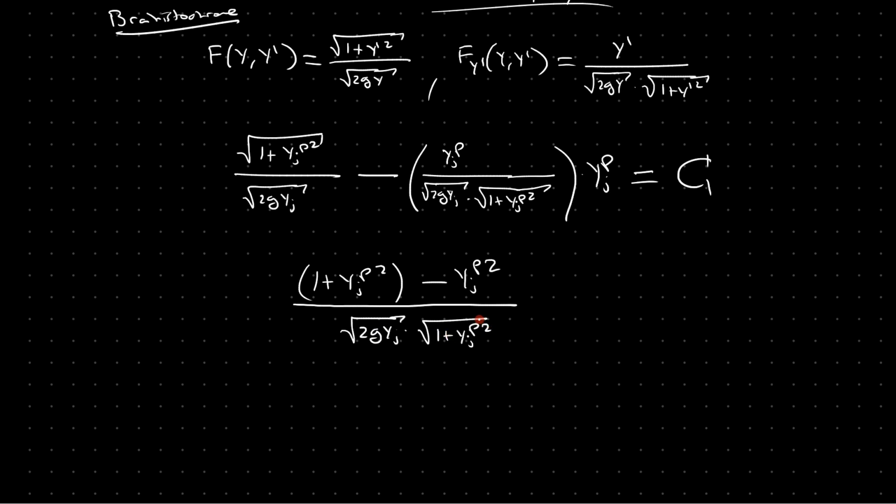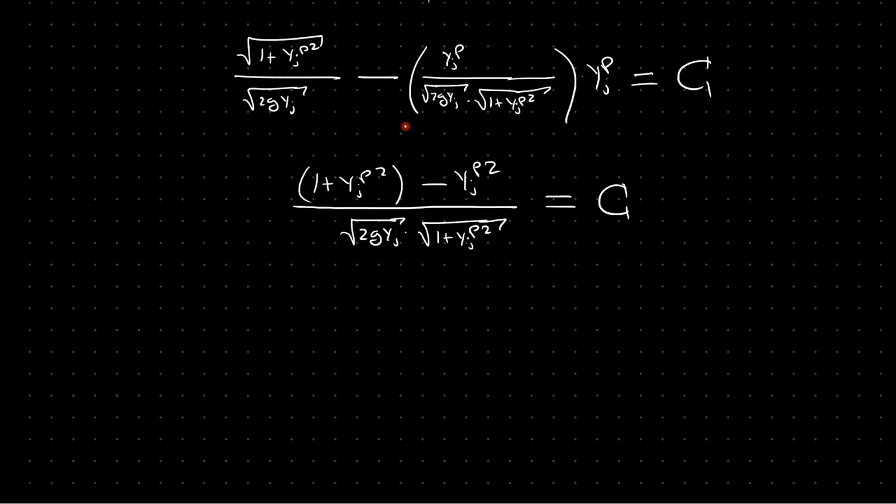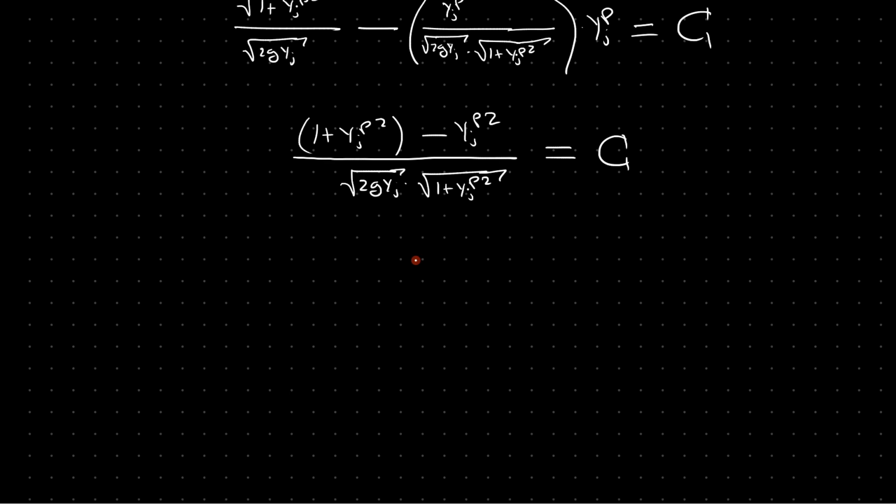This entire thing equals c, which is just the statement that 1 over the square root of yj times the square root of 1 plus yjp squared. 2g is a constant for any one of these problems, so we can just multiply it to get that this is equal to the square root of 2g times c, or we'll call it some new constant d.